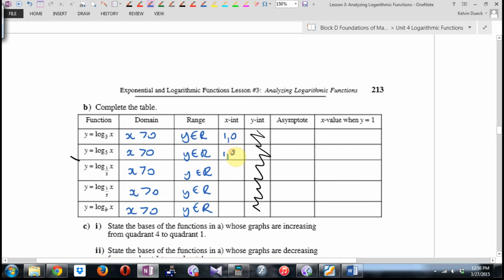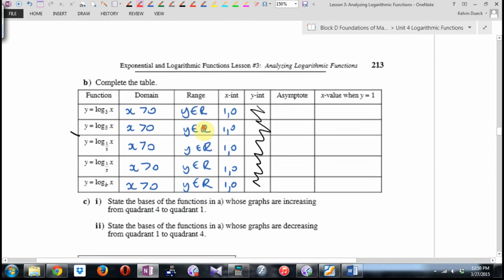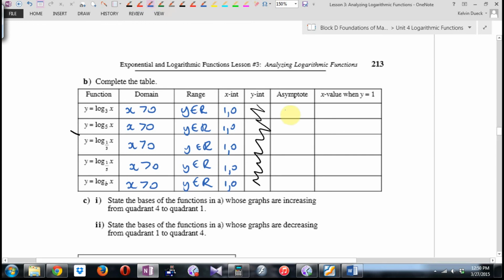That's because every exponential had a y-intercept of 0 comma 1. Every one of these has a vertical asymptote. Every one of these gets closer and closer to the y-axis. The y-axis as an equation is x equals 0.